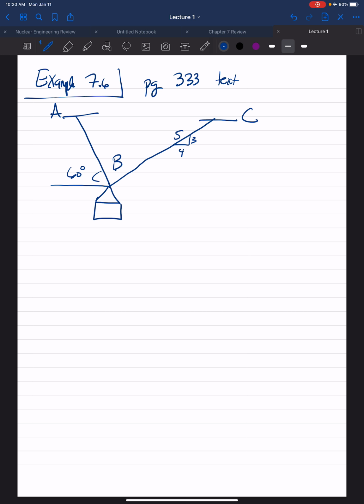In this problem, you have an 80 kilogram lamp supported by rods AB and BC. If rod AB diameter is 10 millimeters and rod BC diameter is 8 millimeters, determine the average normal stress in each rod.